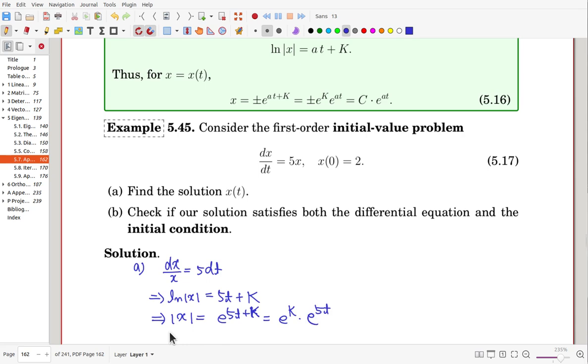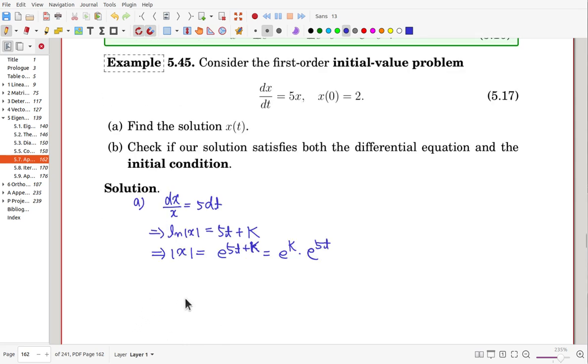Now from here, x itself is the same as plus minus e to the k times e to the 5t. By using notation C, we can have here c times e to the 5t. That's the general solution.